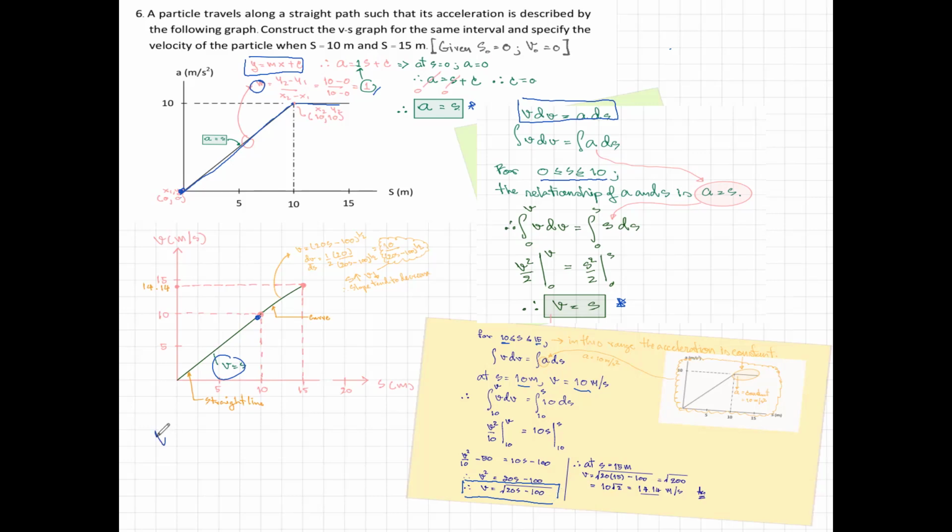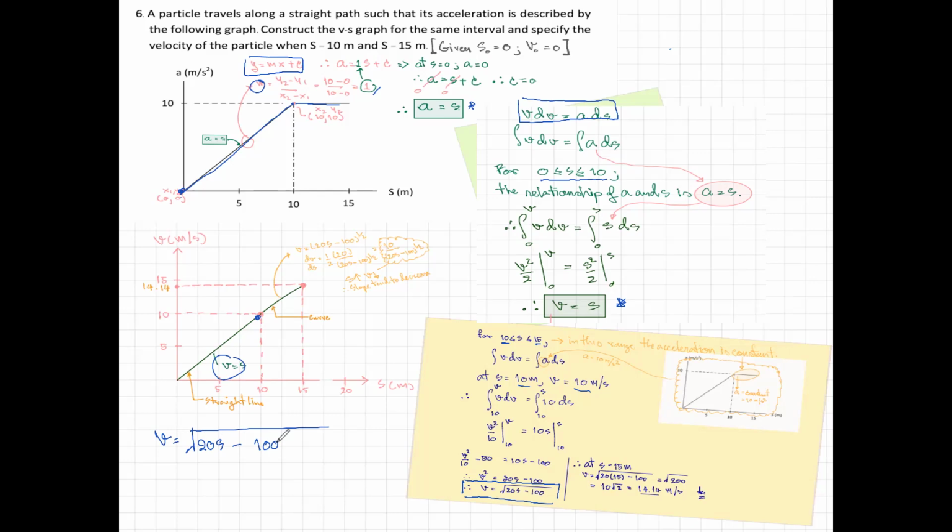So V equal to square root of 20s minus 100 is not a linear function. It is a curve, but in which direction is the curve?